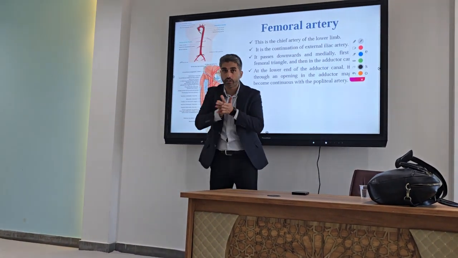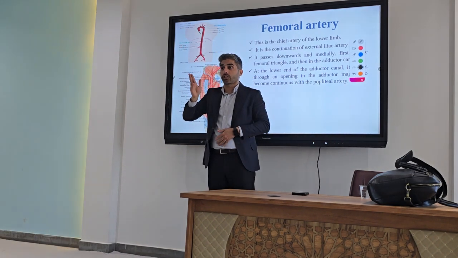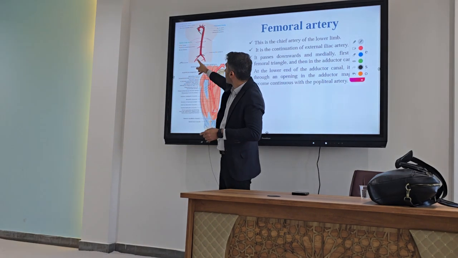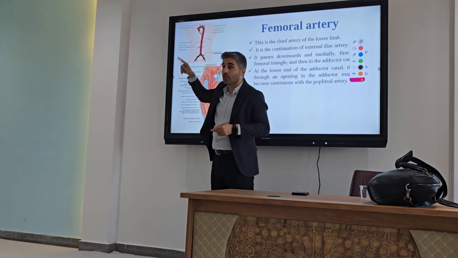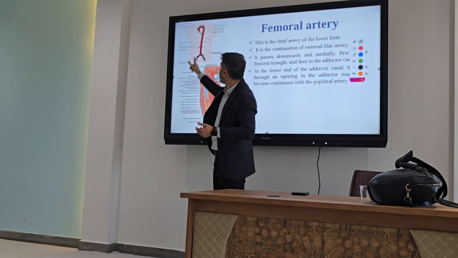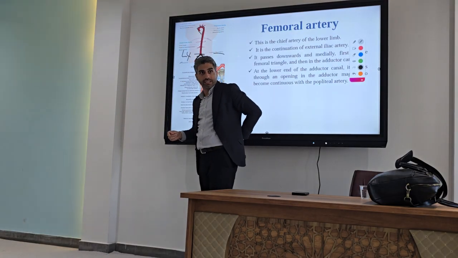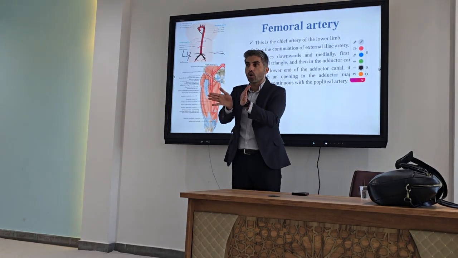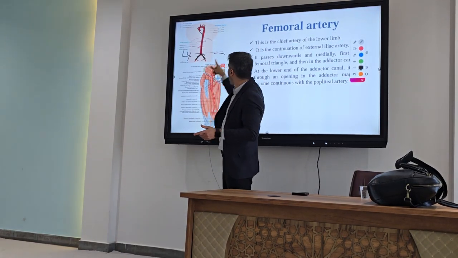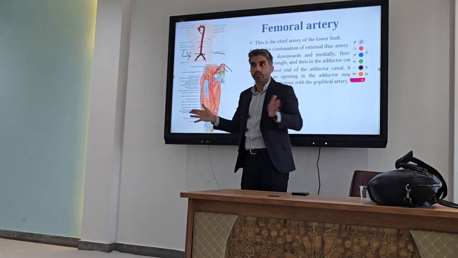Finally, the aorta divides into two branches, the common iliac artery right and the common iliac artery left. So the aorta finishes at the level of L4 of the vertebral column.